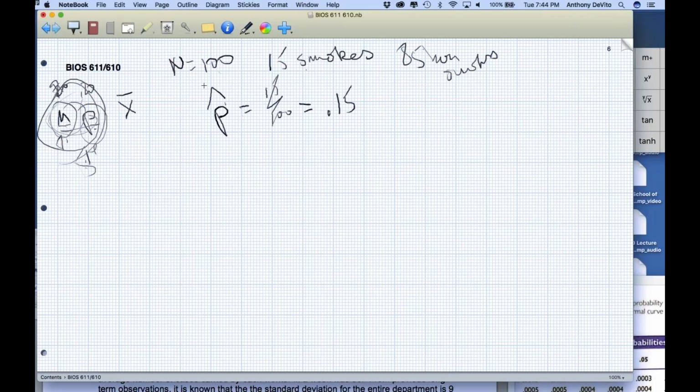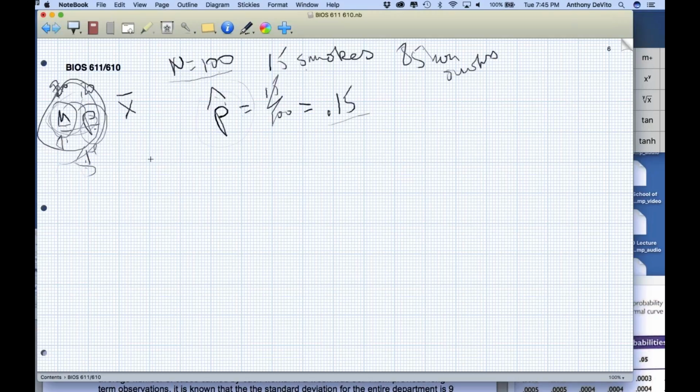Okay. So now I'm in the same fix that I was in before. Based on that sample of 100 people, I'm saying that I think the percentage of people that are smokers in this population is 15%.